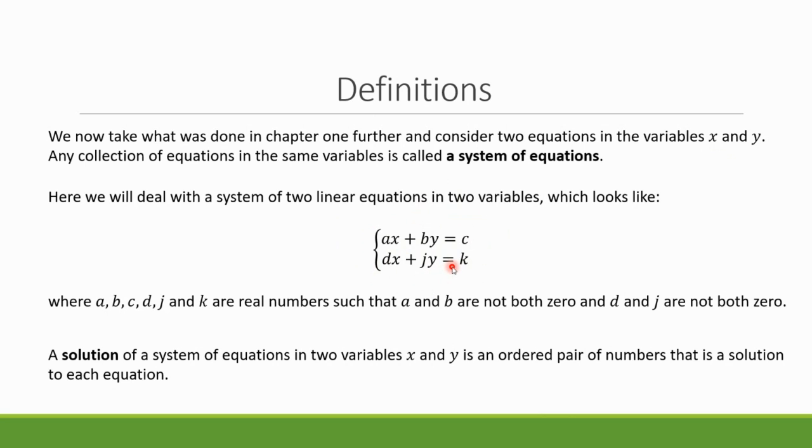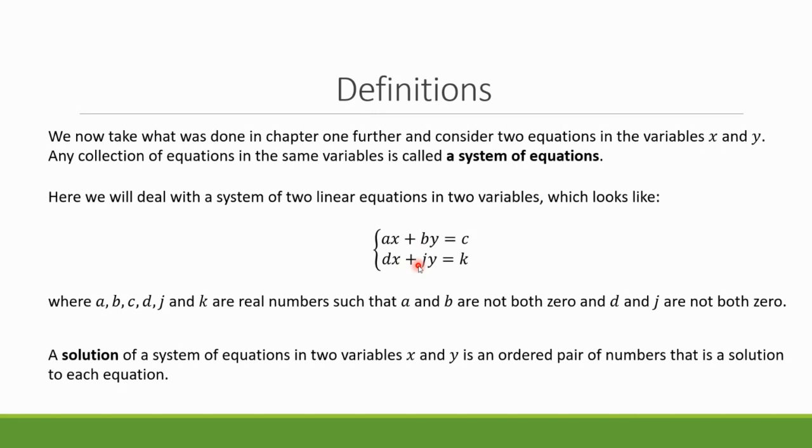What has to happen, though, is that a and b can't both be 0 at the same time. In other words, at least one of them must be non-zero. Same thing with d and j.